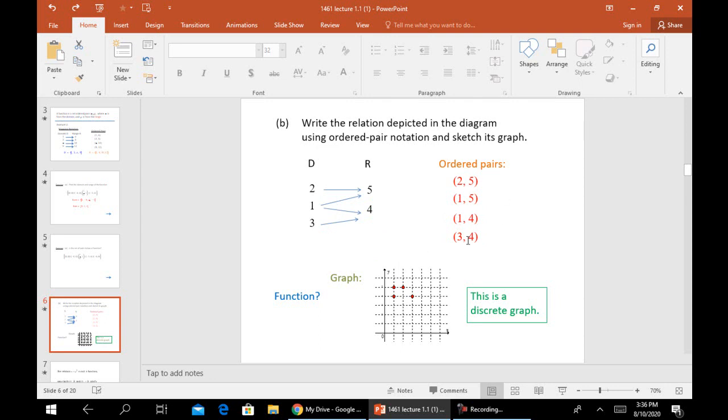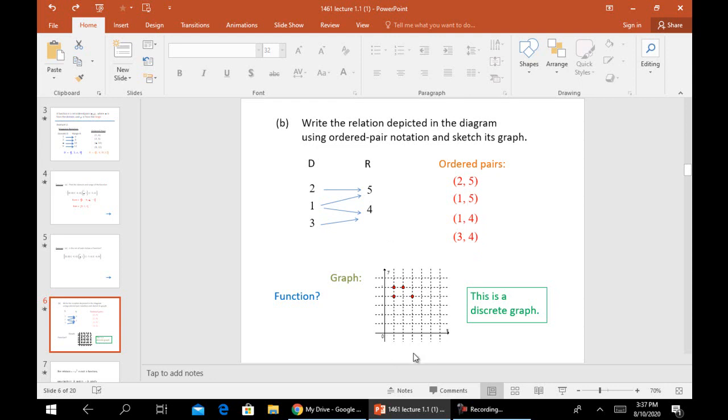And we can also sketch the graph of that. That is, we can plot these ordered pairs in the xy plane. Which means that we plot the domain elements on the horizontal axis, and the range elements on the y-axis.